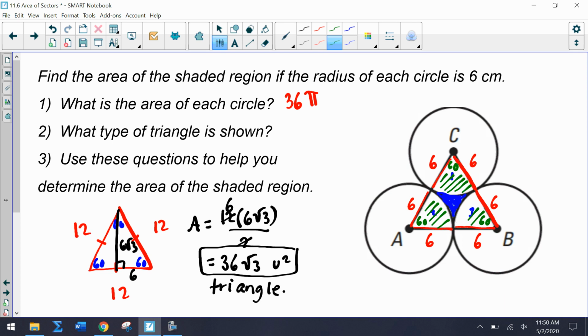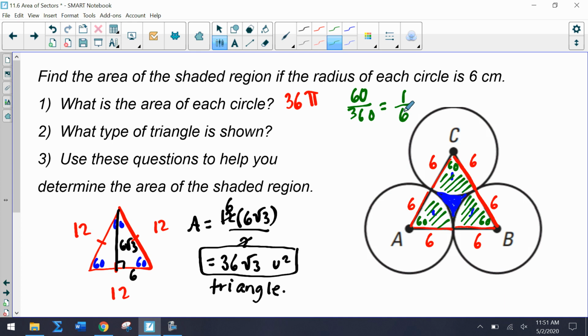So going back to those previous two examples, how can we find the area of one of the green sectors? So we have a 60-degree angle out of 360 degrees total. So that represents 1/6 of the whole circle.